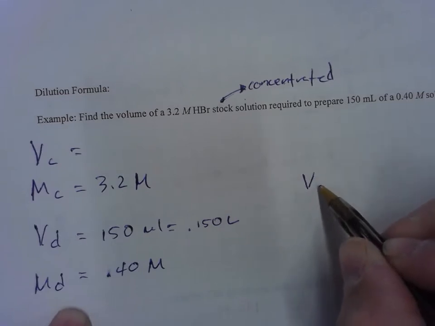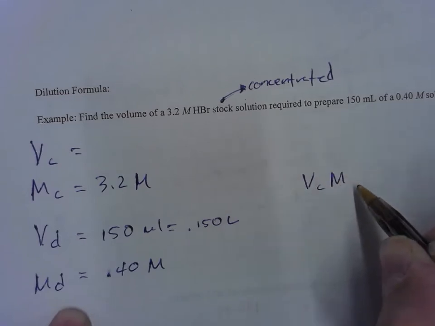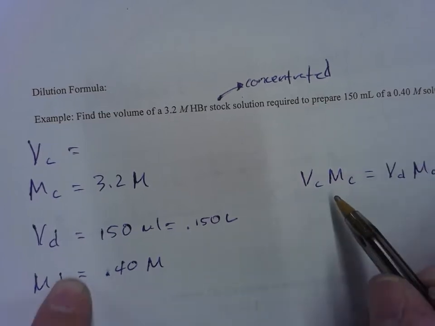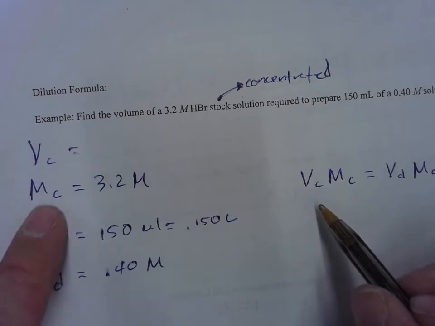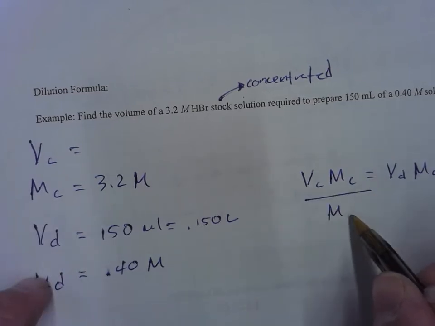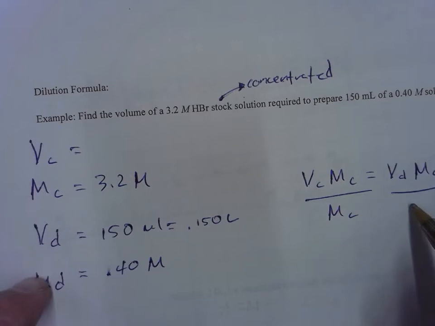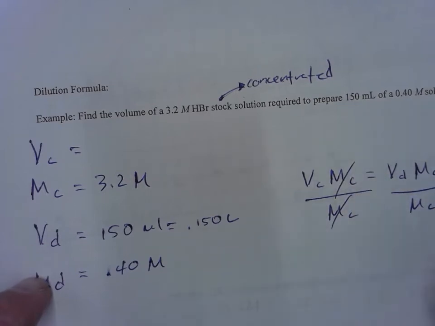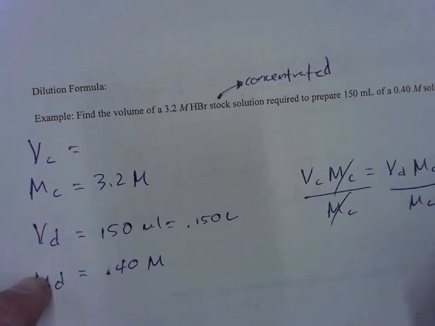VC times MC equals VD times MD. I'm solving for VC, so I divide both sides by MC and cancel that out. So there's my formula: VD times MD divided by MC.